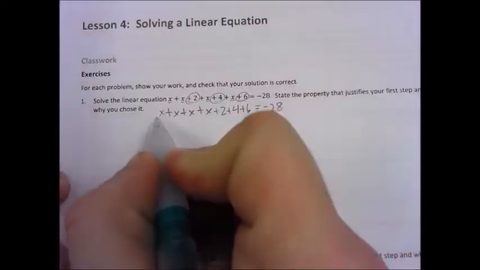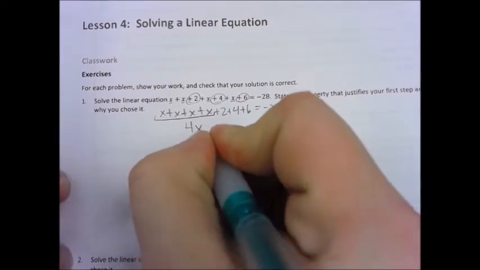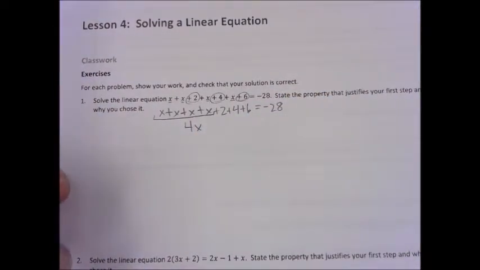So if I have this x plus x plus x plus x, the easier way for me to write that is just 4x. There are 4 x's. That means that x is going to be the exact same number throughout this entire equation.